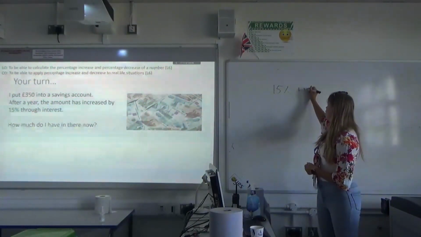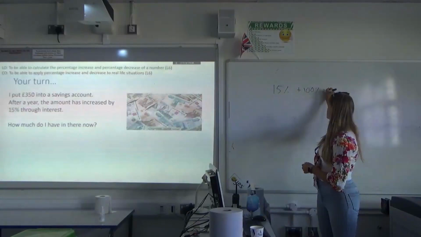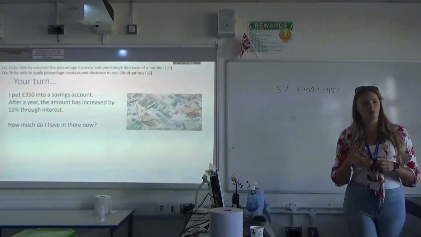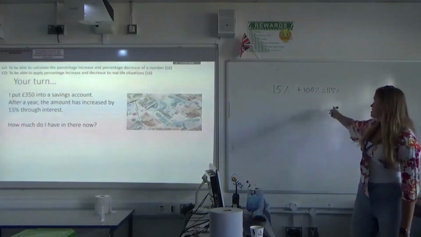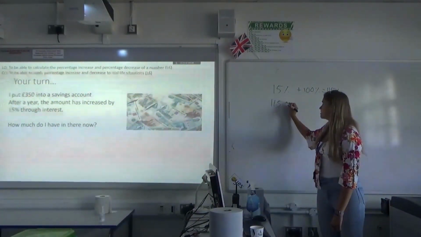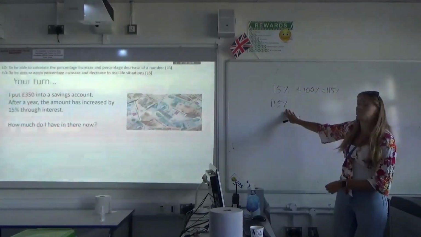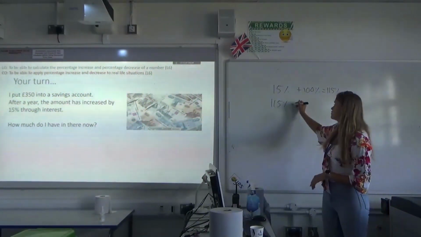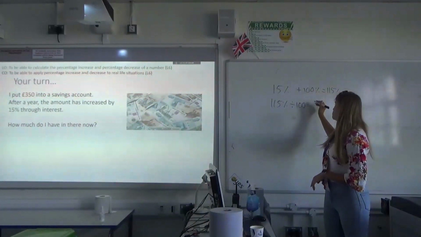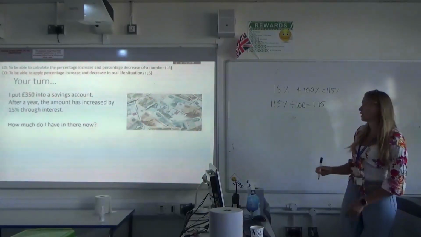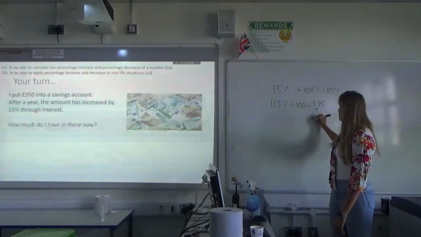So we're going to add our 100% onto this, so we get 115%. To find your multiplier, all you're going to do is take your 115% and divide it by 100. Okay, we're just converting percentage into a decimal. So our multiplier becomes 1.15. Okay? So this is called the multiplier.